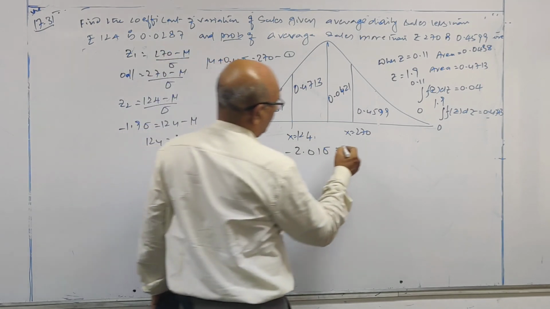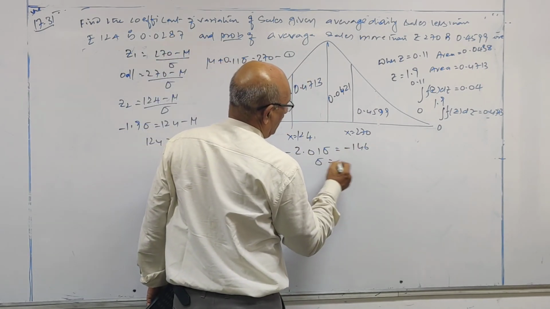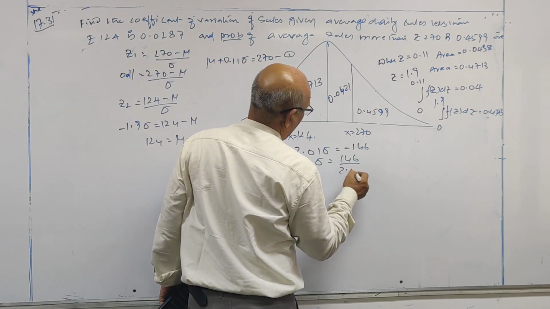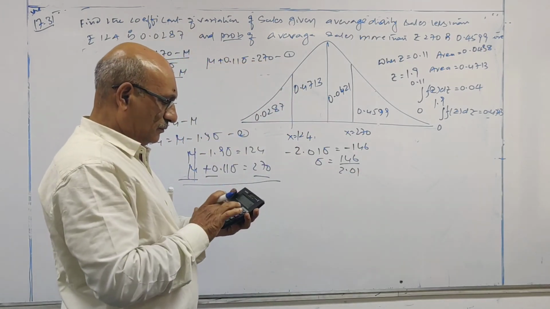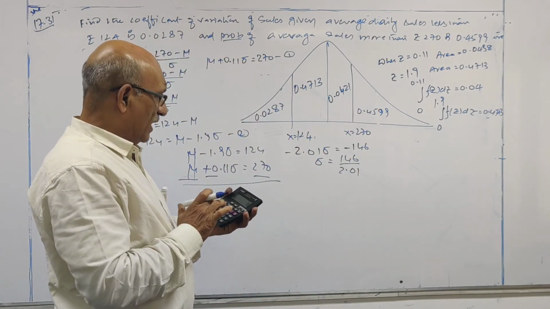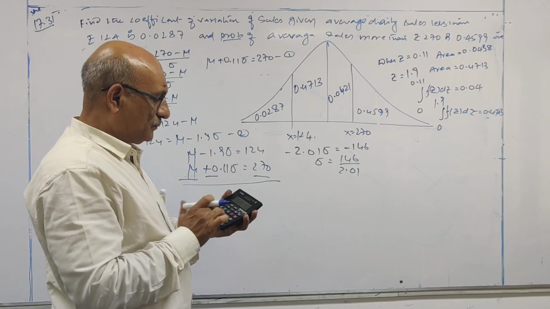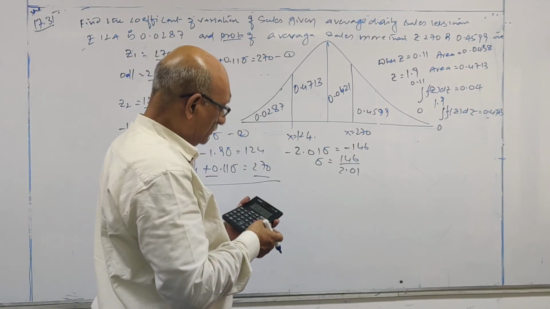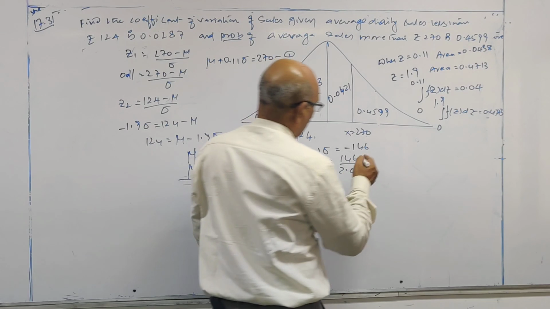This is minus 146. Sigma is equal to 146 divided by 2.01, which is 72.64.